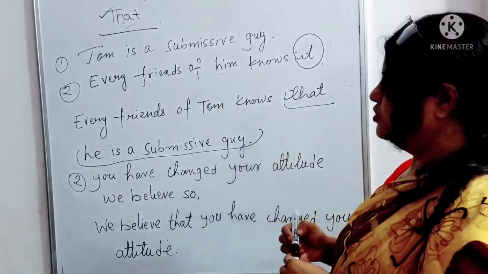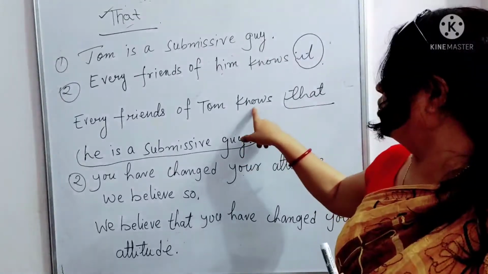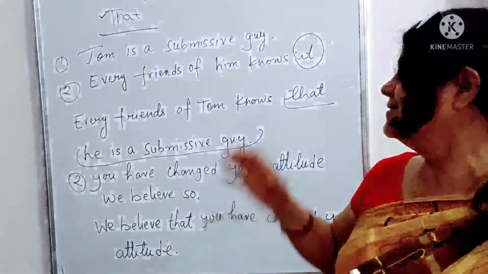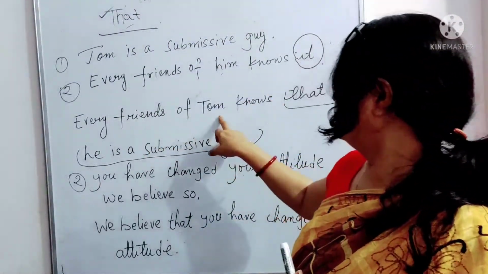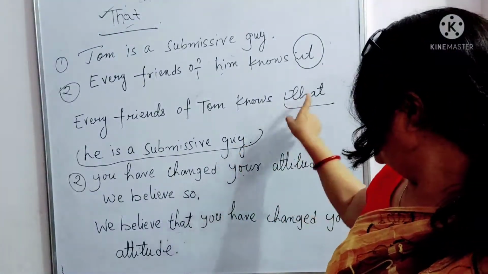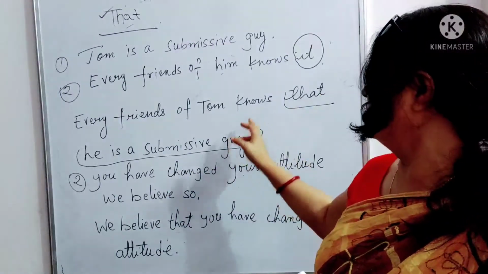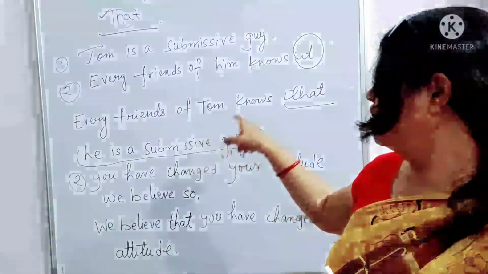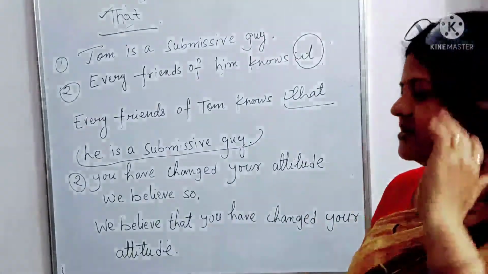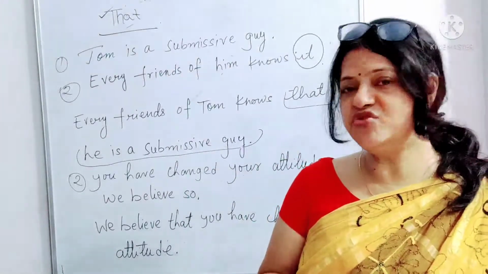So here in this sentence, this clause is working as an object to this verb know. Is it clear? Now repeating again, every friends of Tom knows what. So this subordinate clause has become the object of this verb knows.